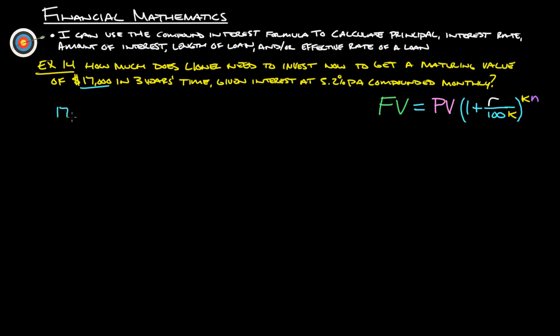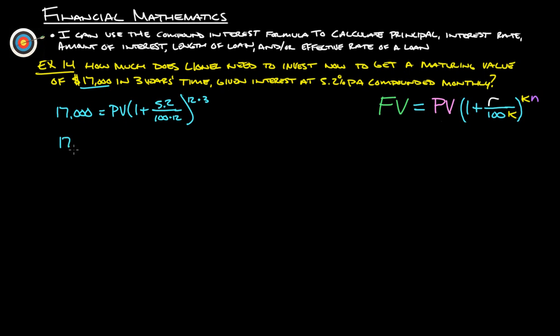We want to end up with 17,000, and we want to know how much we need to invest now. 1 plus our rate, 5.2 over 100, times, now compounded monthly, there are 12 months in a year, so that's going to be a 12. This is going to be a 12, and after 3 years' time.